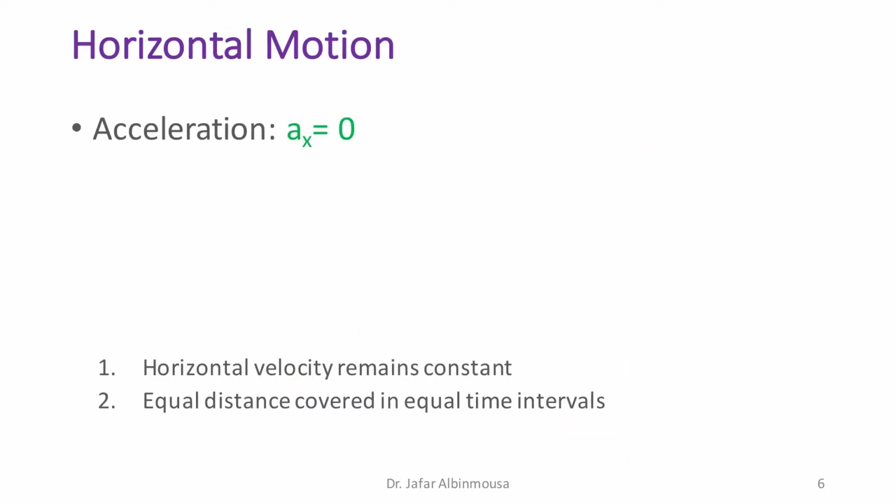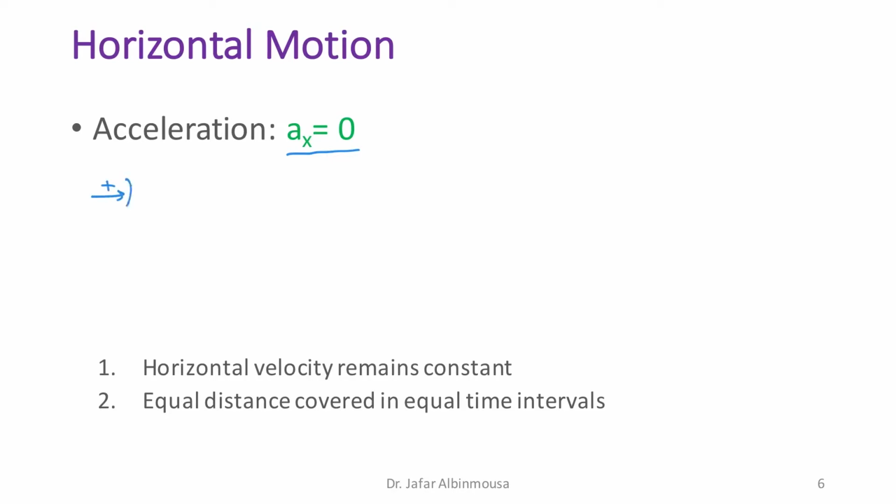If the horizontal motion is uniform, then the velocity in the x direction is constant. This is why we cover the same interval with time. And if the velocity is constant, then the acceleration in the x direction is going to be 0. So we now write the constant acceleration relations as follows.